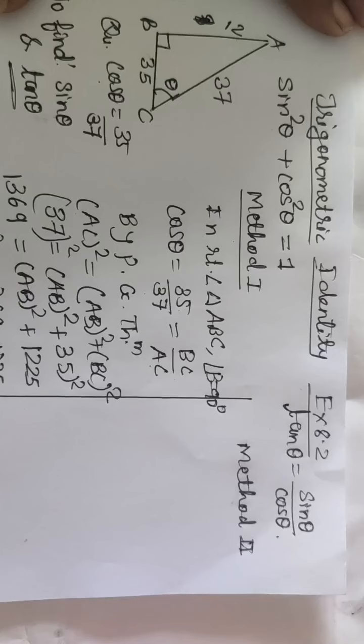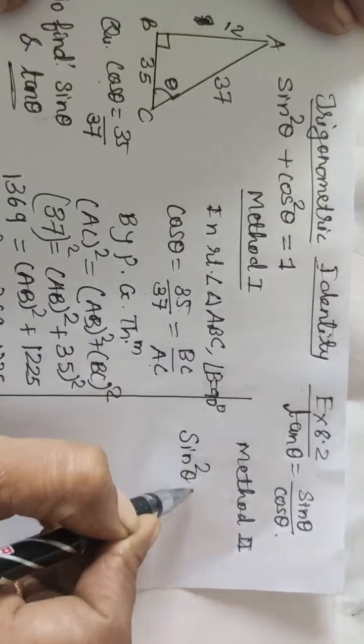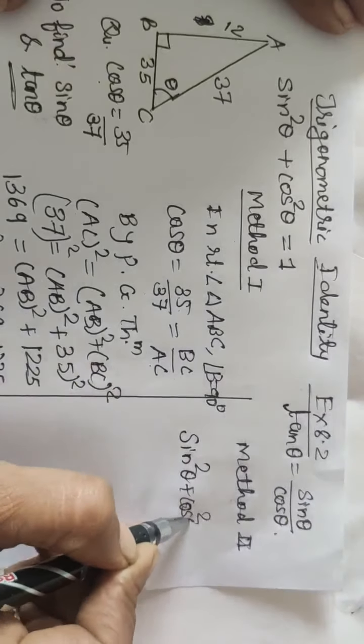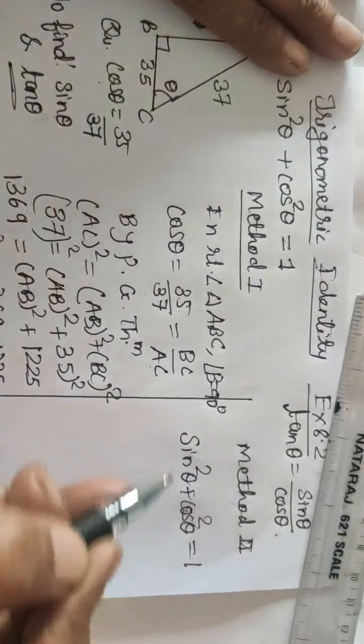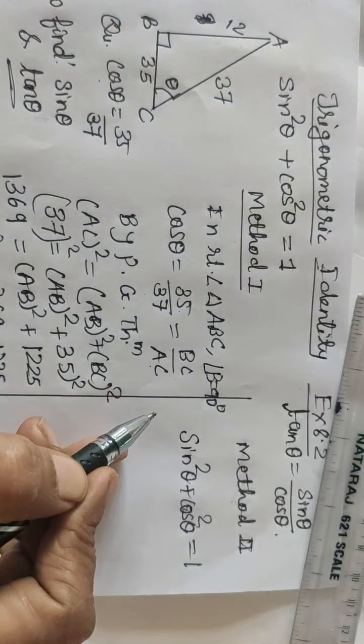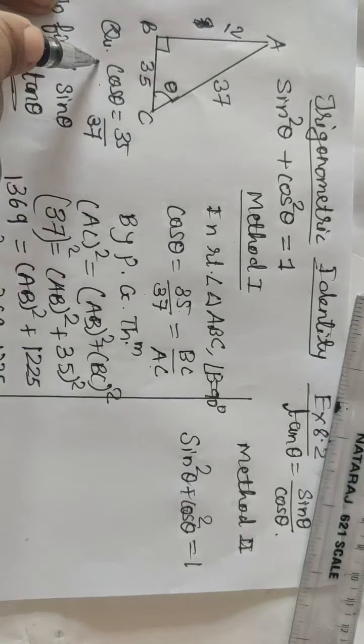We have the trigonometric identity sin square theta plus cos square theta is equal to 1. Now the value of sin theta is not given. What is given is the value of cos theta.